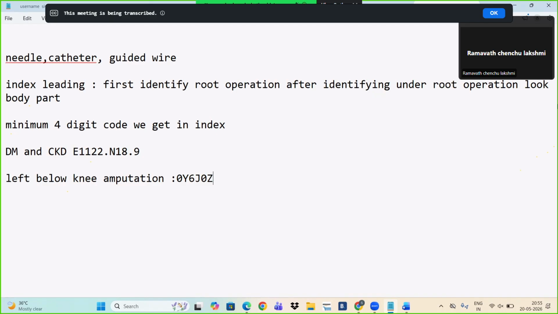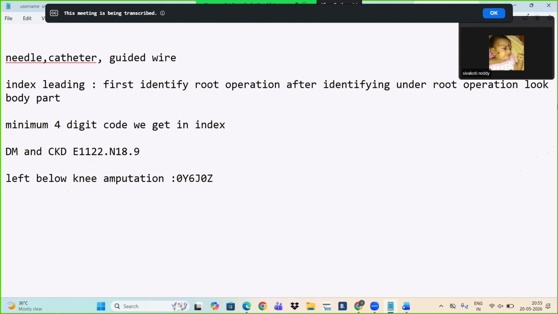But here high or low is not mentioned. Below knee means lower leg, upper side or lower side, proximal or distal. You have taken the body part already. Now we need to look for the qualifier. Qualifier will be proximal or distal, high, mid, low.